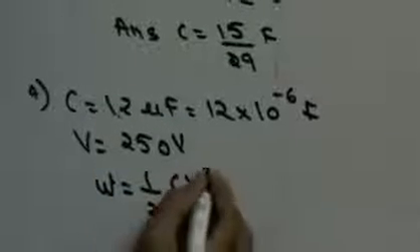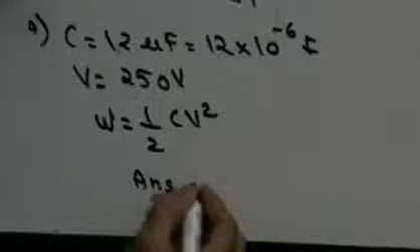Right? Work done is half CV square. You know C, V, straightforward sum. The answer for this sum should be 0.375 joules.